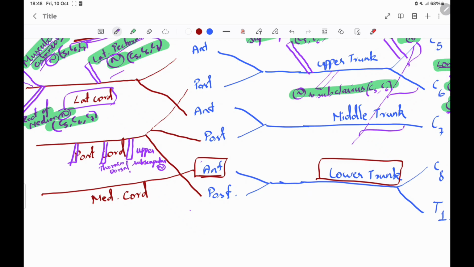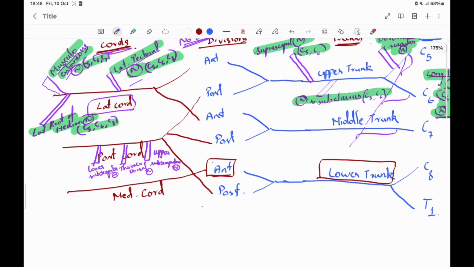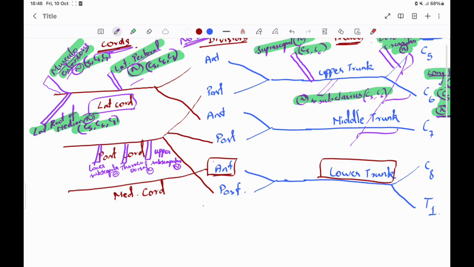Other than these, there are two more branches from the posterior cord, that is the axillary nerve and the radial nerve.